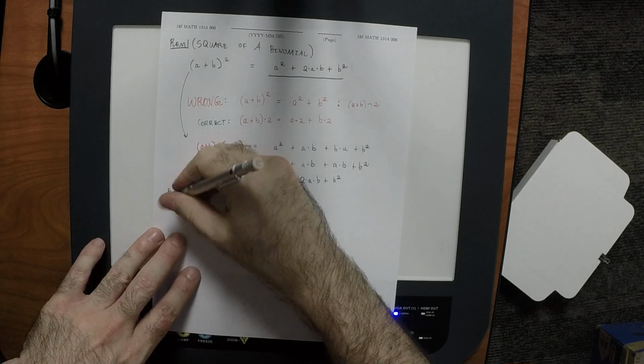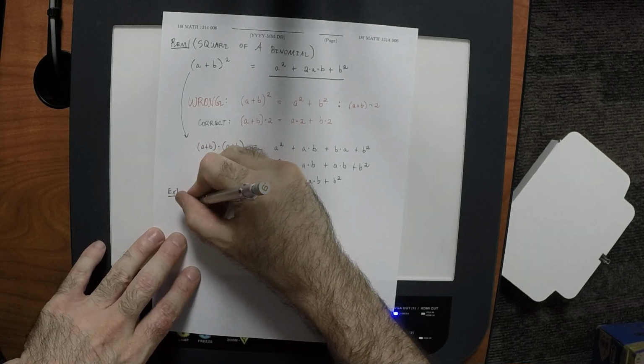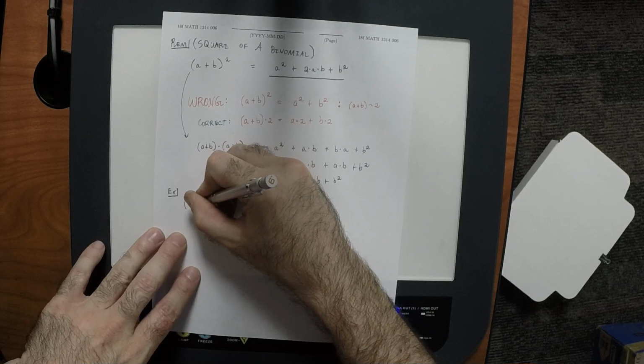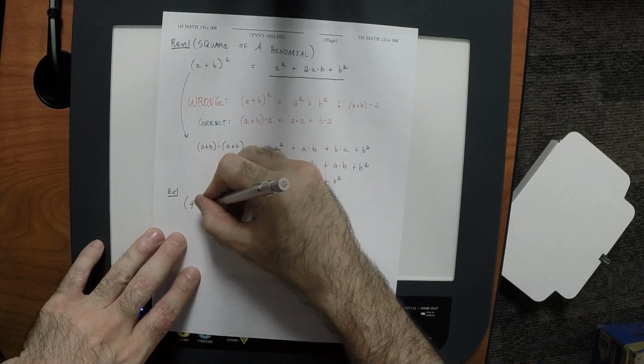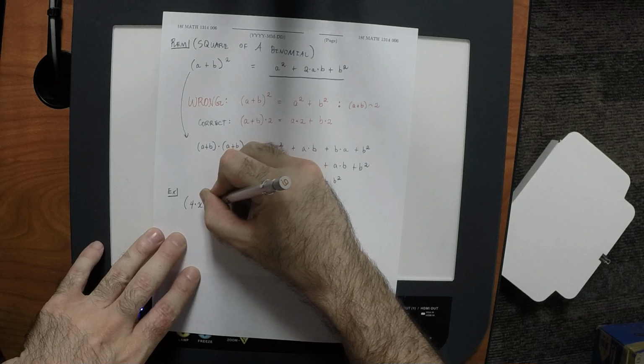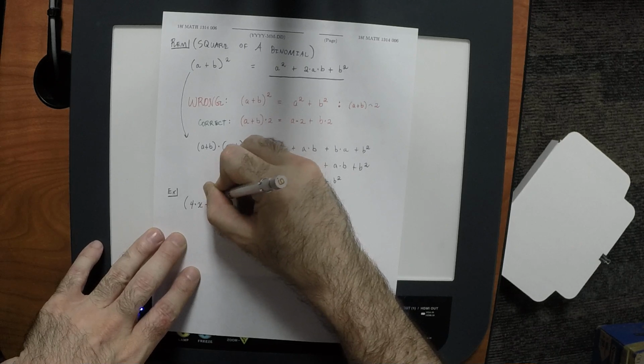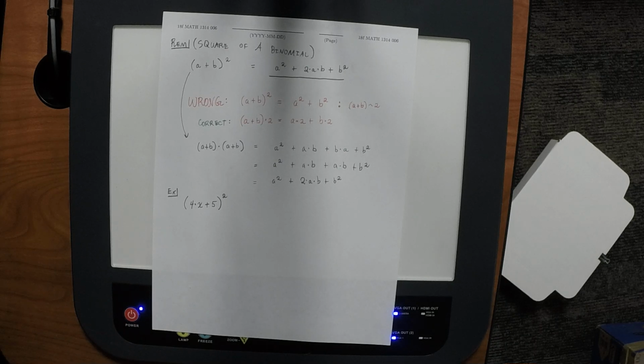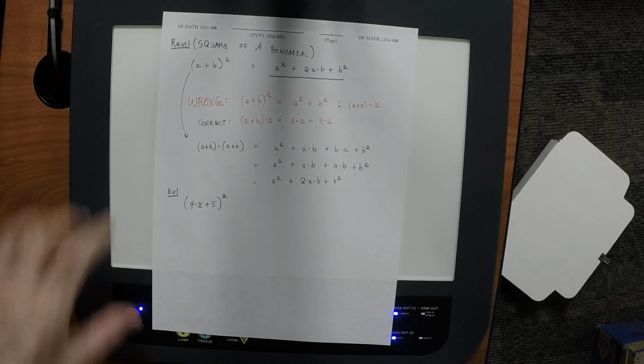So by way of example, how about 4x plus 5, and we'll square that. 4x plus 5, all squared. So it should be the first thing squared plus twice the product of the 2 things plus the last thing squared.